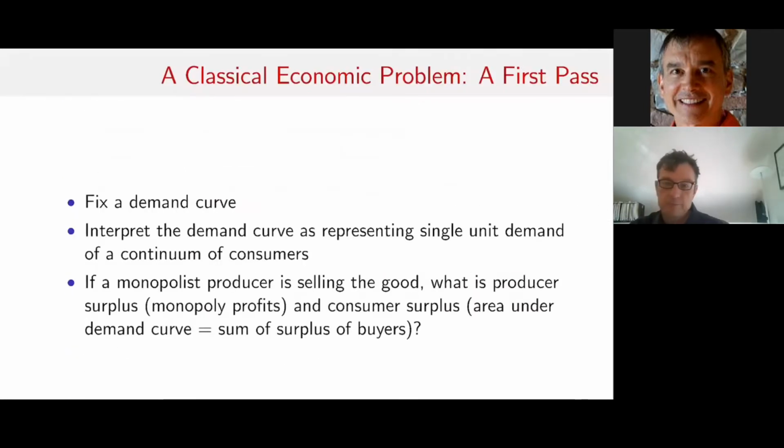Okay. But let me give you a first pass at the problem. And let me do this almost entirely geometrically, with really very little math involved.